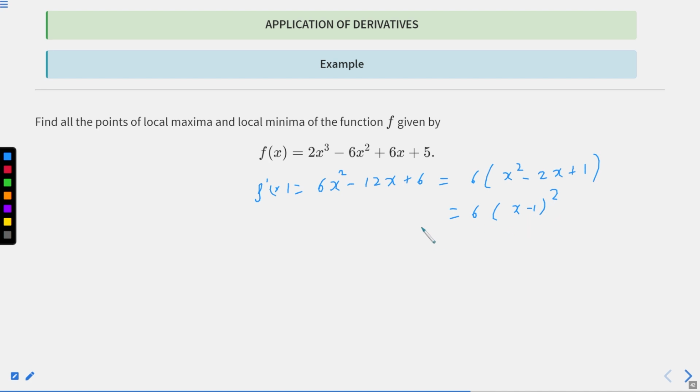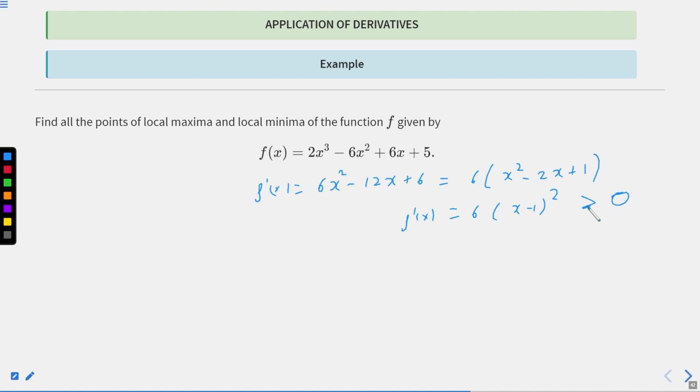Yes, now as you can see, your first derivative is positive. So when we have first derivative positive, this means your graph is increasing. Your graph is always increasing.